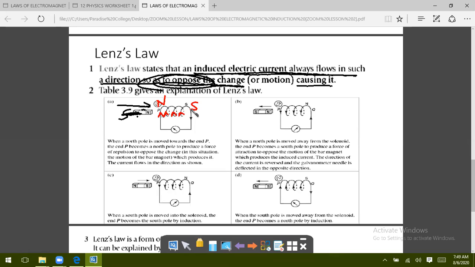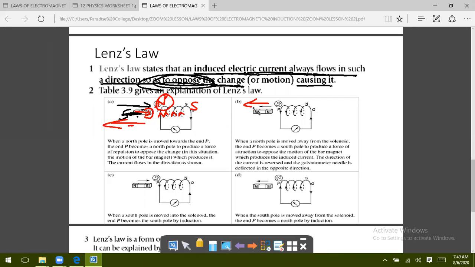So when this magnet moves away in the second setting, you notice that north pole is moved away, current direction changes again. Using right-hand grip, this time polarity changes. Current moving down this way, that becomes the north pole, this becomes the south pole. So we got a north pole and a south pole here. Opposite poles attract again, so it pulls in the magnet.